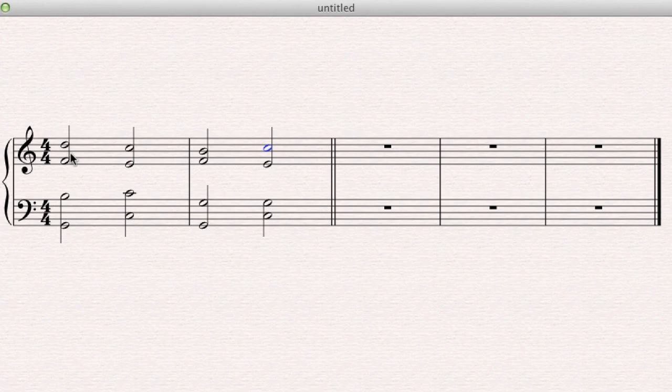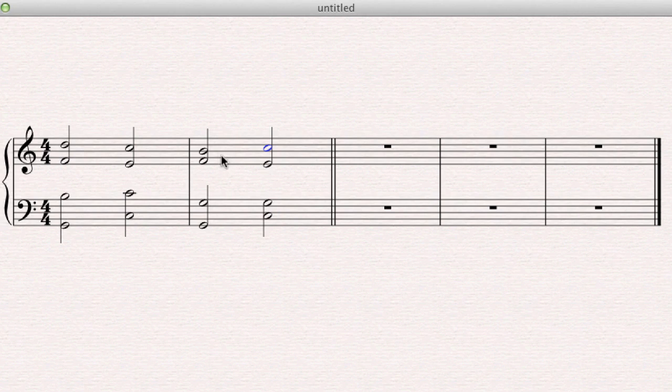When the spelling of these tendency tones forms a diminished 5th, as it does here, right? Here we have the B and the F. It's a diminished 5th. Then they're going to generally resolve inward, towards each other.